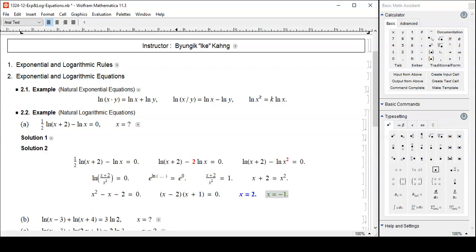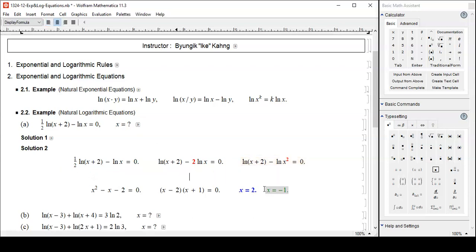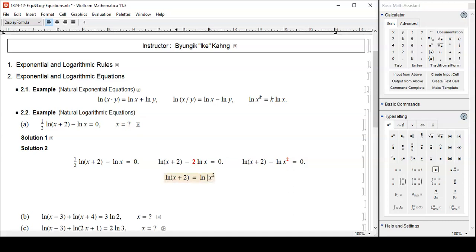Solution number 2, let's see. Instead of taking these log 2 together, let's take log of x plus 2 equals to log of x squared. Let's do it this way.